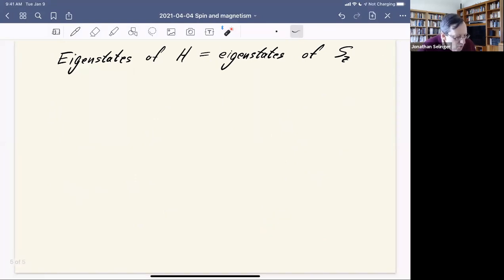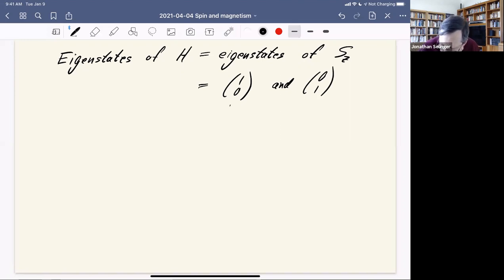And we know what the eigenstates of Sz are, as I showed you in the first slide in this class. Those eigenstates are the states 1, 0 and 0, 1, or equivalently up and down.